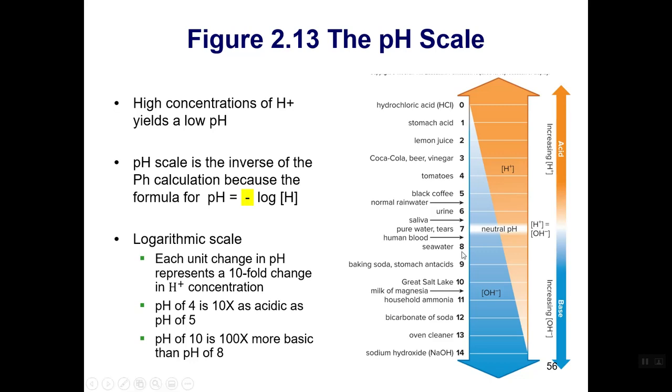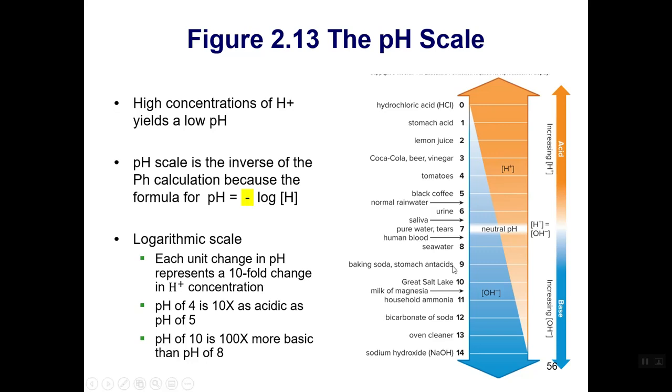So between a pH of 8 and a pH of 9, that is a 10-fold change in the number of hydroxide or hydrogen ions. A pH of 4 here would be 10 times as acidic as a pH of 5. So we're going up in acidity going this way. A pH of 4 would be 10 times more acidic than a pH of 5.